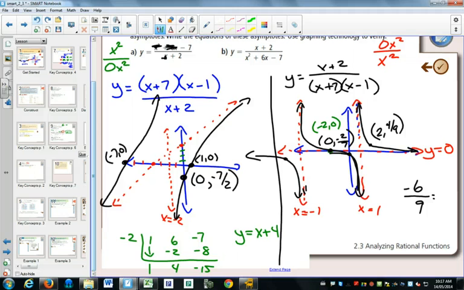In this case, it is. So we get a point that is on our asymptote, and remember that a horizontal asymptote is mainly there to show what happens as x gets very, very big, or as x gets very, very big negative numbers. So it is possible that it crosses, and this one did.